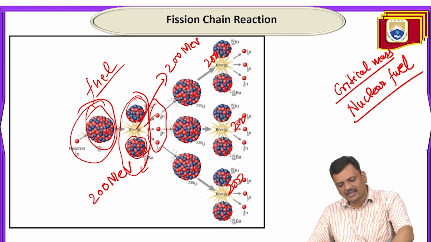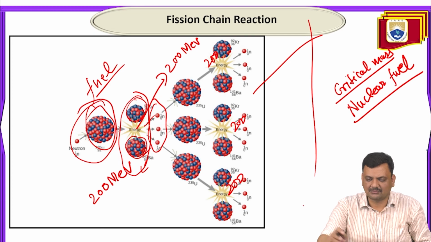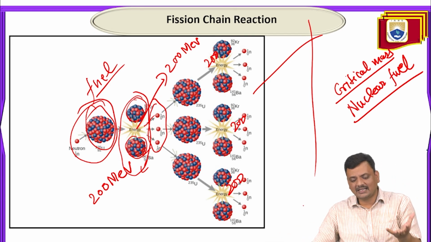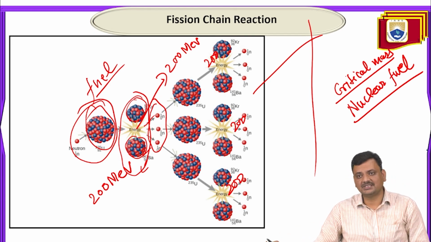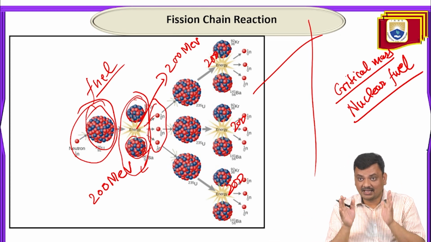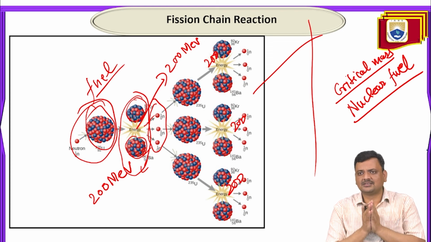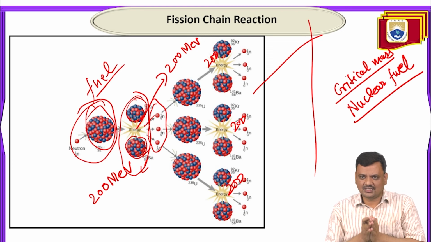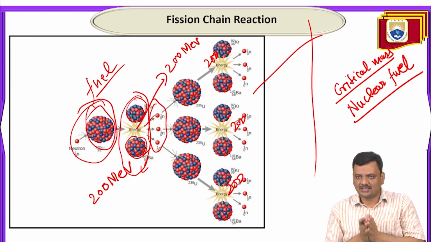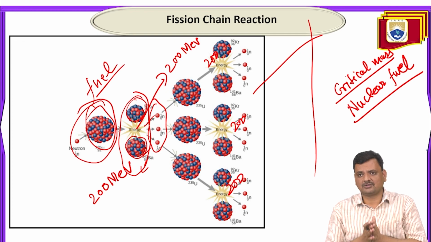So again these neutrons, you can imagine the same thing. That is the chain reaction, that's why fission chain reaction. And performing this chain reaction in a controlled manner is very difficult, so nuclear technology is a little bit complex. Otherwise, it can produce a massive amount of energy, which can be utilized for mankind.